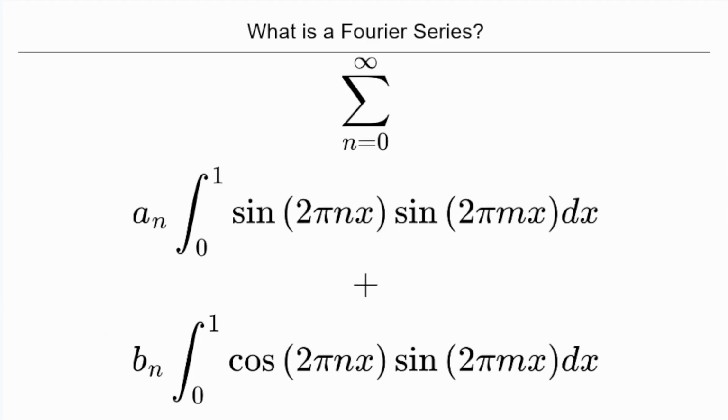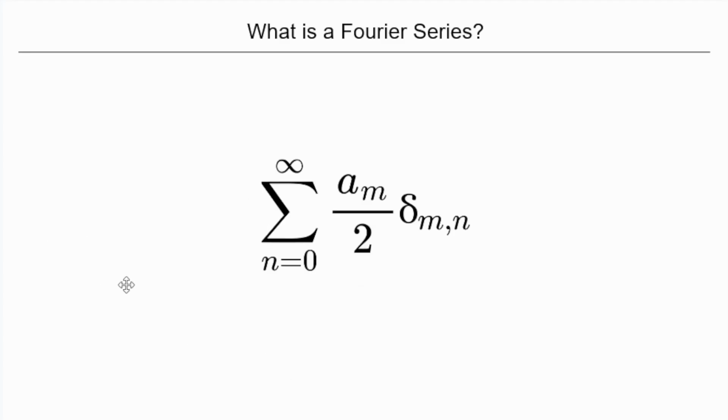On the right hand side, we'll get still a sum of a_n times the integral from 0 to 1 of these sines plus b_n times the integral of these cosine times the sine. But as we just said, this guy is always 0, and this guy is a delta of n, m multiplied by a_n. So we get this, a_m divided by 2 delta m, n, and then it's still the sum.